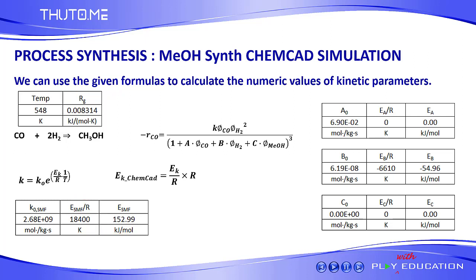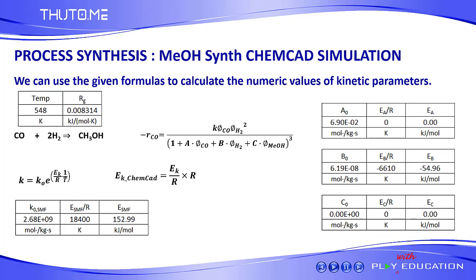The adsorption constants, there's not much we need to do. We have the adsorption constants given for carbon monoxide, hydrogen, and methanol. And then we are given the adsorption energy as a ratio of adsorption energy to ideal gas constant, so we will need to multiply with the ideal gas constant to get the adsorption energy in units kilojoule per mole.